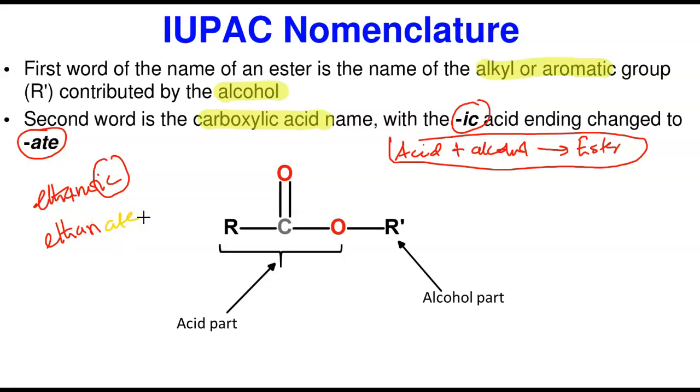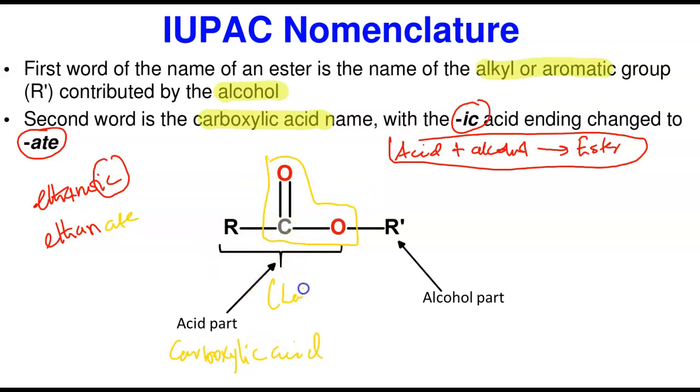And then if you made it from an alcohol, you're not going to put first the name of the alcohol immediately. Looking at this structure, this is the ester functional group. Now, this side is the part that is contributed by the carboxylic acid, and this part comes last in the nomenclature.